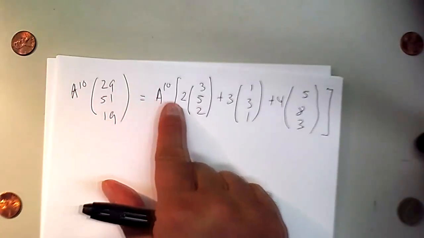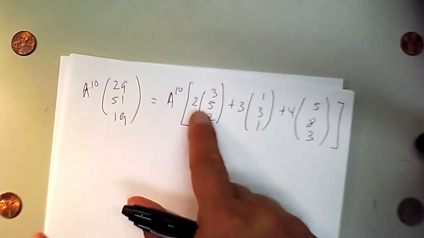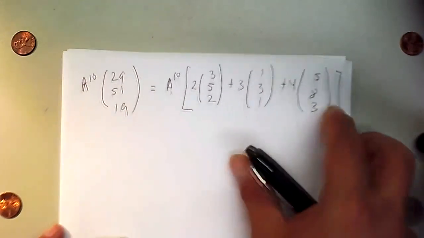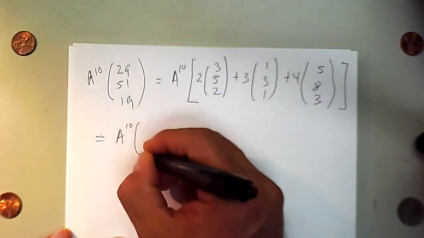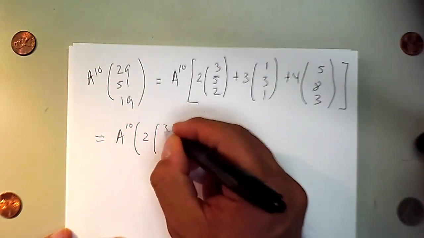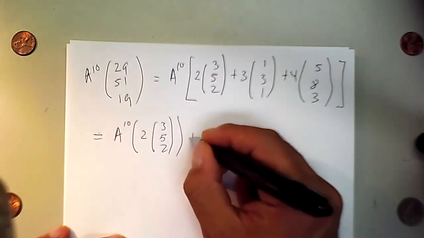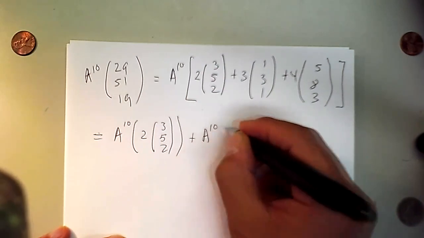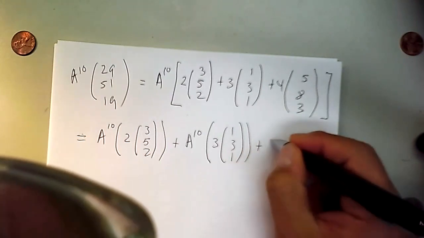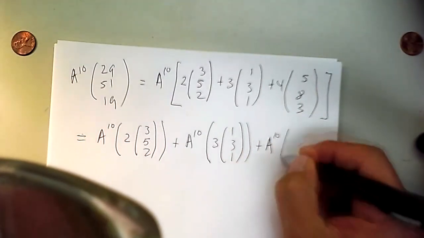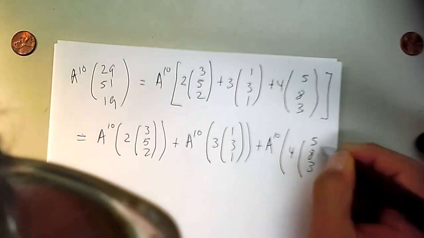Now we can distribute this inside of those, and those are constants. Those are scalars, so the 2 factors out. Let me do it in 2 steps. I want to make sure we know what's going on. So we do A to the 10 multiplied with 2 times (3, 5, 2), plus A to the 10 times 3 times (1, 3, 1), plus A to the 10 times 4 times (5, 8, 3).